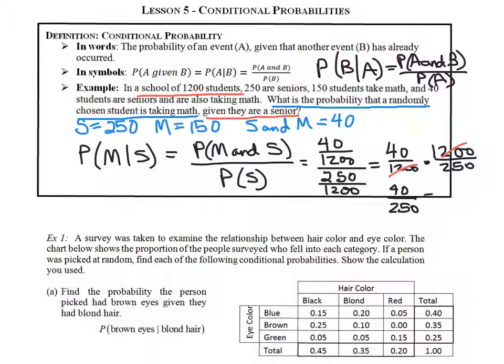And yes, I could reduce that by 10 and say that that's going to be 4 out of 25. Now, of course, I could also put that in my calculator and get the decimal. That decimal is going to be 4 out of 25, which would be 16 out of 100, which would be 0.16. So I can either leave my probability as a fraction or as a decimal.